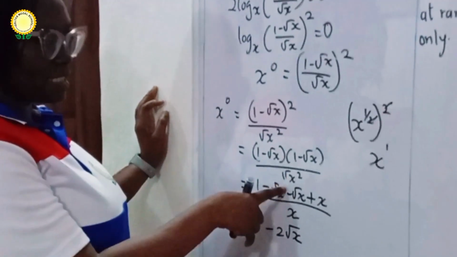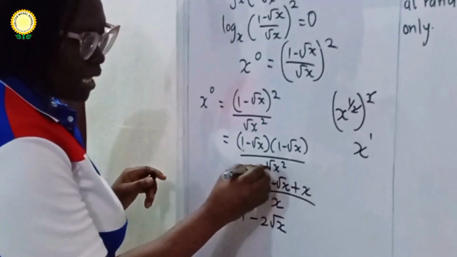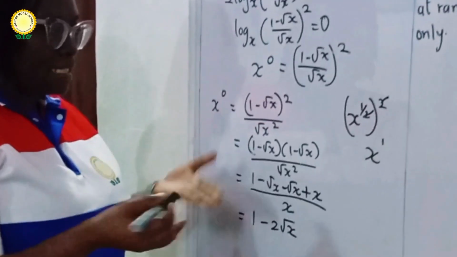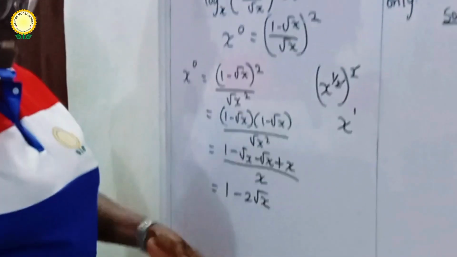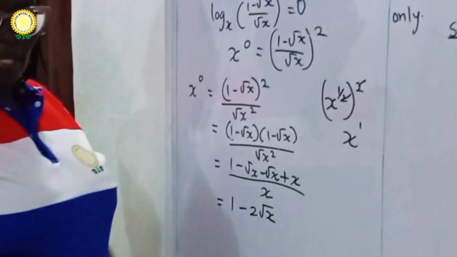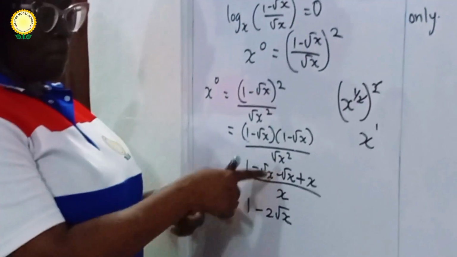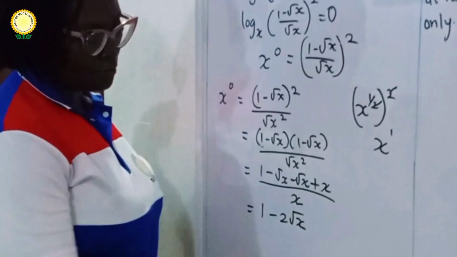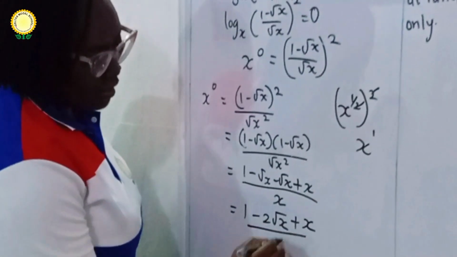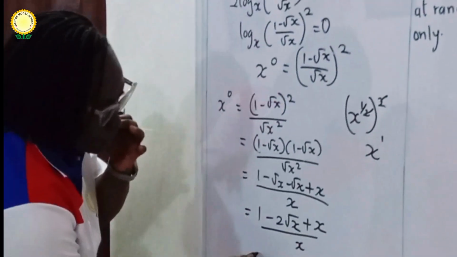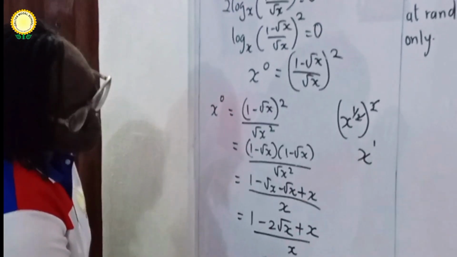There are no brackets, so we are not going to multiply. It's like we are adding minus root x plus minus root x. That is how I got minus 2 root x. Remember, you are adding, not multiplying. Plus x over x gives us 1.